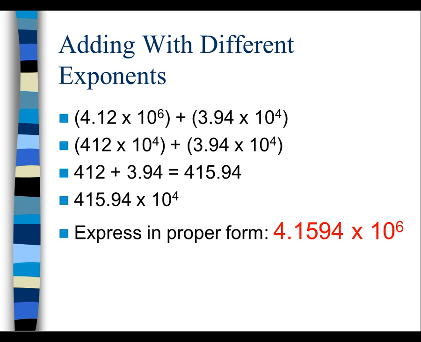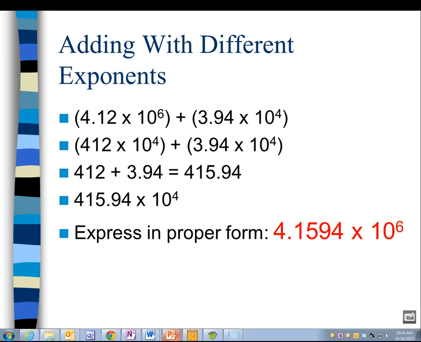Now here's a situation where the exponents are not the same. We have an exponent of 6 here, and here's an exponent of 4. We have to have them be the same thing. I'm going to go ahead and show you. 412 times 10 to the 6th. We want that to be times 10 to the 4th.